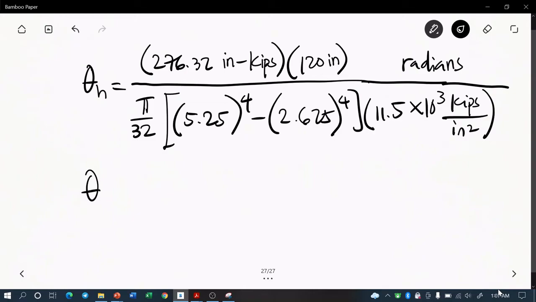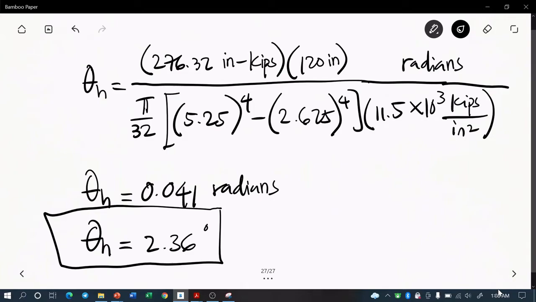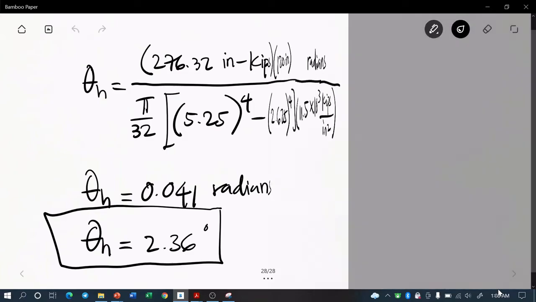Okay, using your calculator there, kindly verify this computed value, and this is 0.041 radians, and thus converting it to degrees by multiplying by 180 degrees over pi radians, we have theta h equal to 2.36 degrees.